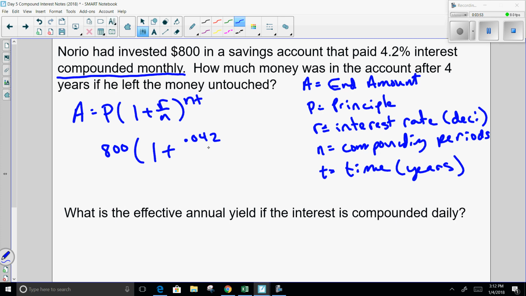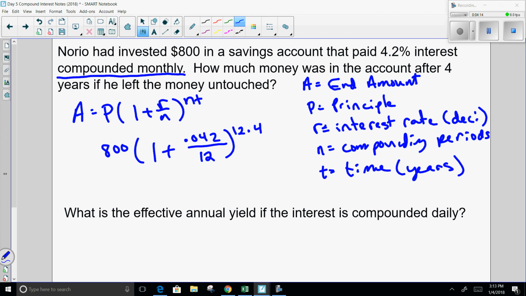So it's going to be 0.042 divided by n. n is how many times you compound it per year. Well, if we compound it monthly, there's 12 months in a year, so it's going to be 12. And then the exponent is 12 times time, which in this case is 4 years.